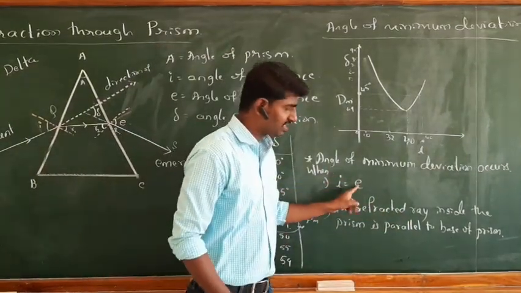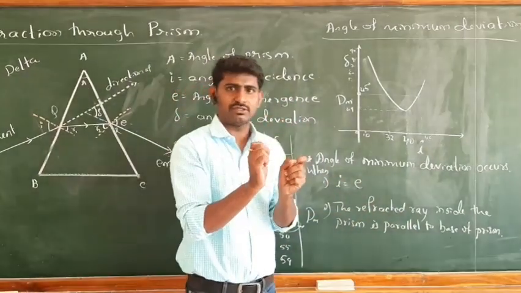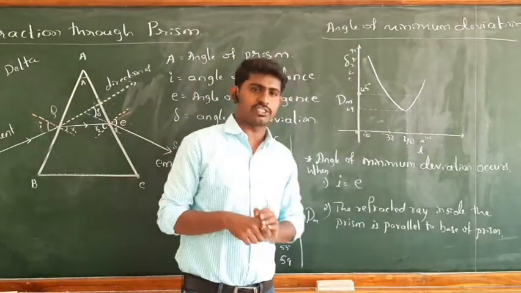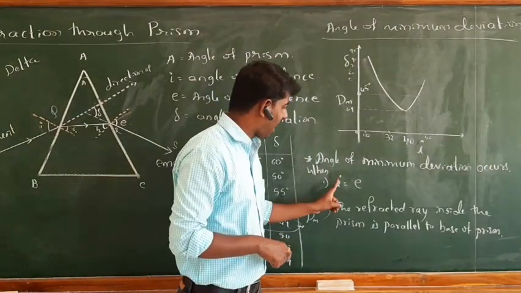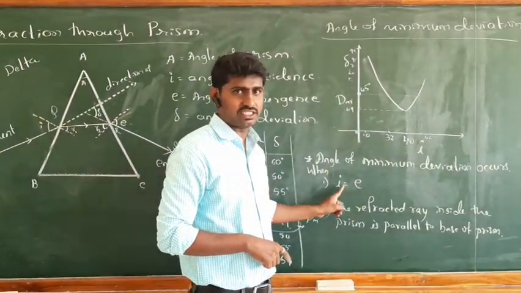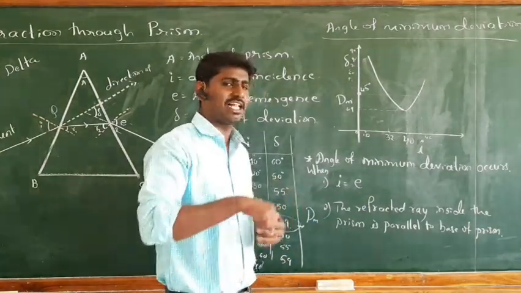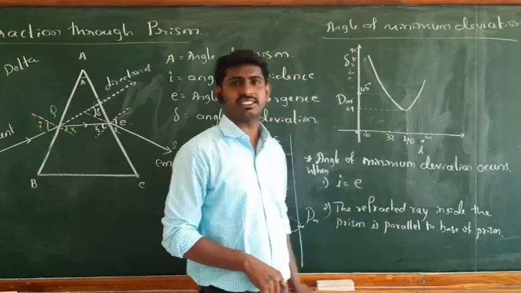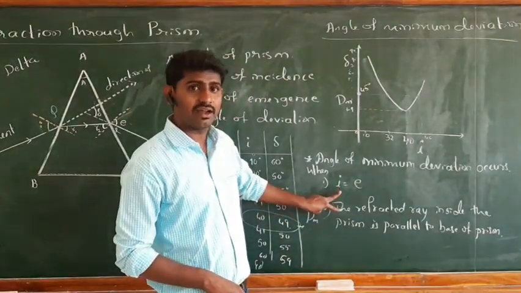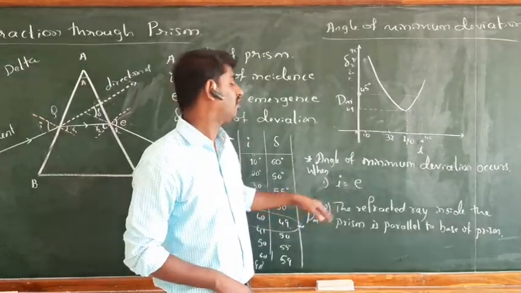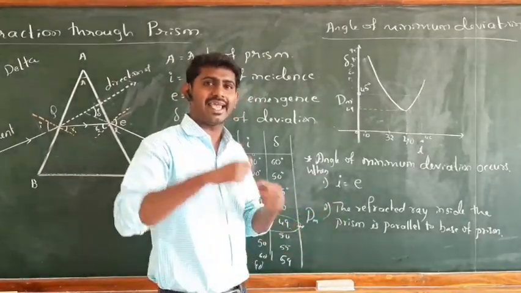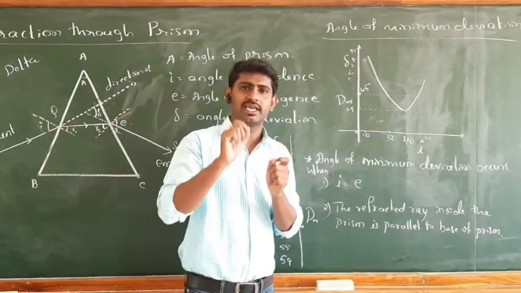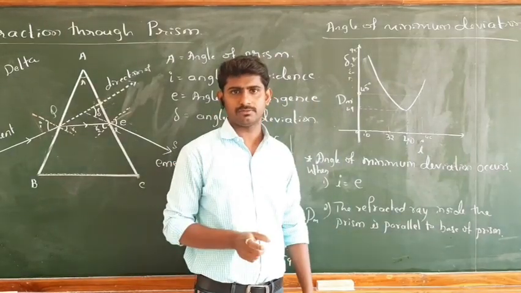If angle of incidence and we are observing a refraction through the prism and I got that I is equal to E, angle of incidence equal to angle of emergent ray, and I also observed the refracted ray inside the prism is parallel to the base of prism. If I observe these two, then I can say the prism is in the case of a minimum deviation.